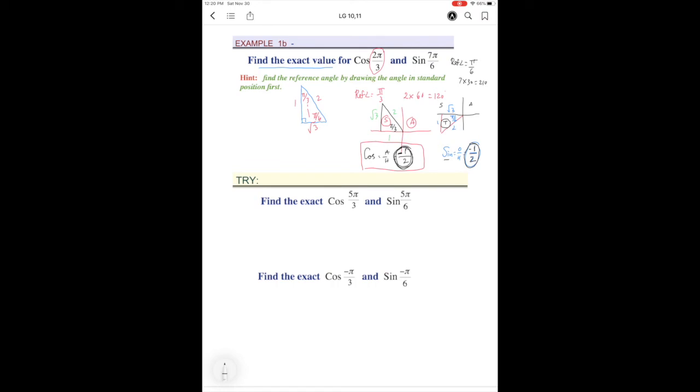So don't forget to check your CAST rule. You guys can have a quick go at these and get the answers. I'm just going to do one of them for you, and then we're going to move on.